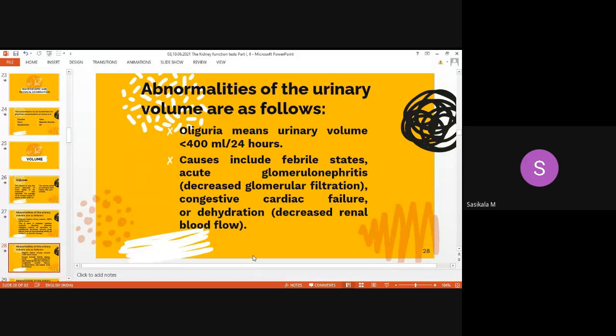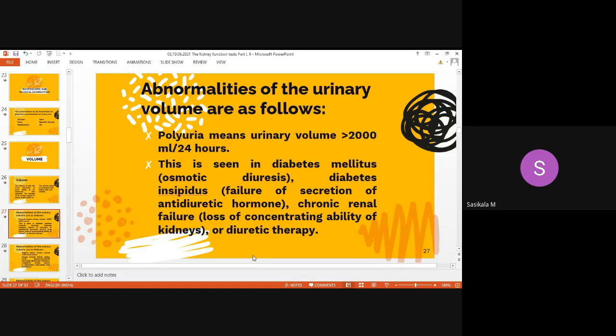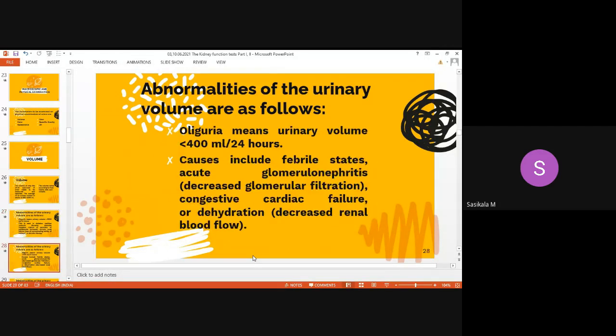This is due mainly to decreased glomerular filtration and other conditions like congestive heart failure and dehydration. So there are two abnormalities of urinary volume: polyuria, representing increased output, and oliguria, representing decreased urine output.